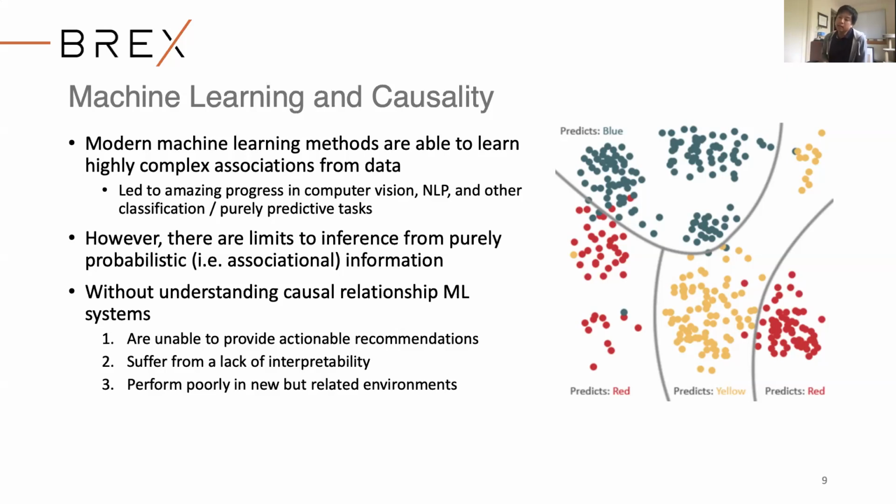And then lastly, this will hopefully become more clear in the next section, but they perform poorly in new but related environments. This refers to the field of transfer learning, where you train a model using data collected in one environment, and then you want to use that model in a slightly different environment.